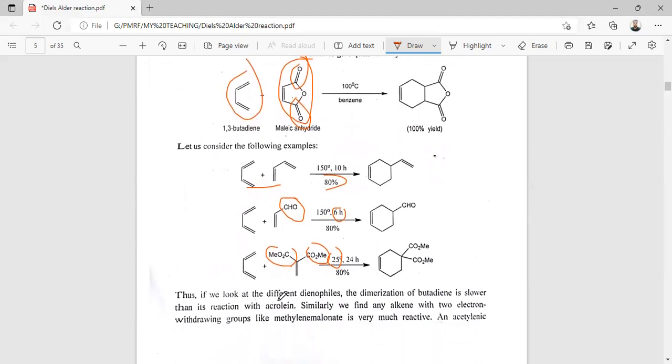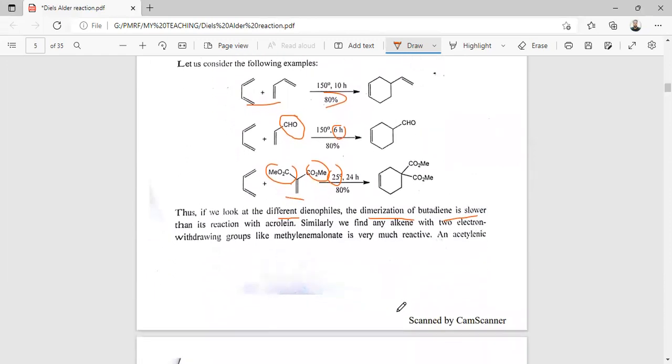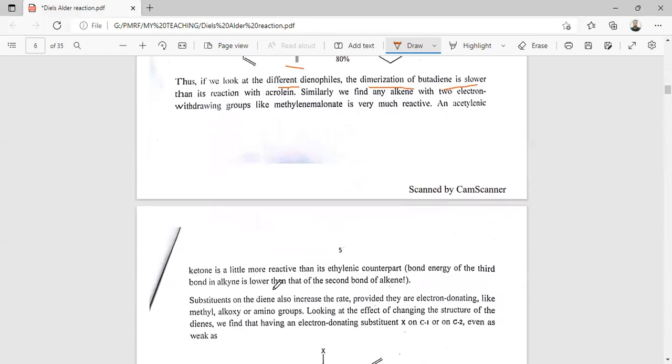If you look at the different dienophiles, the dimerization of butadiene is slower than the reaction with acrolein. Similarly, any alkene with two electron withdrawing groups, like methylene malonate, is very reactive. An acetylenic ketone is a little more reactive than the ethylenic counterpart.